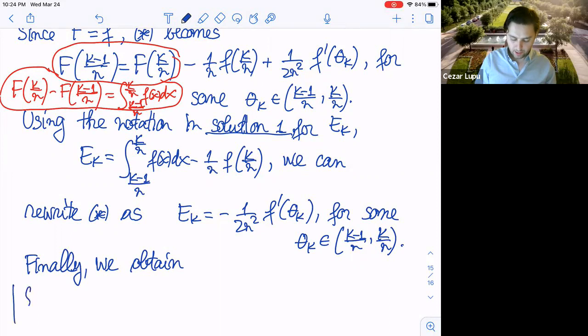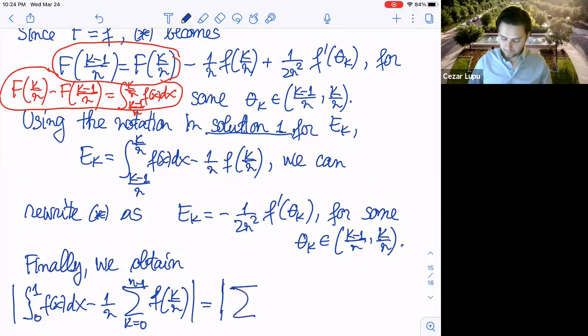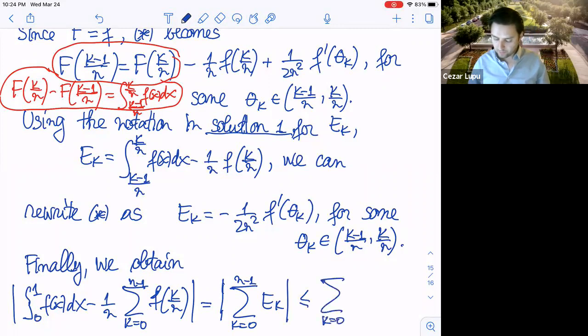The absolute value of the integral will be nothing else than the absolute value of the sum of ak, which will be less or equal than the sum of the absolute value of each ak.